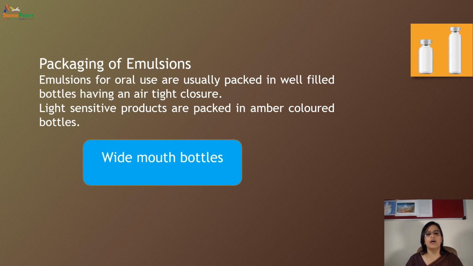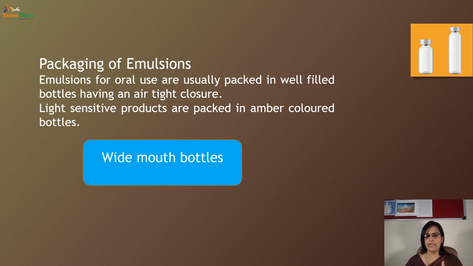Now dear students, after the evaluation parameters for emulsions, now we will see the packaging of emulsions. Emulsions for oral use are usually packed in well filled bottles having an airtight closure. Light sensitive products are packed in amber colored bottles to protect them from sunlight, and emulsions are generally packed in wide mouth bottles.